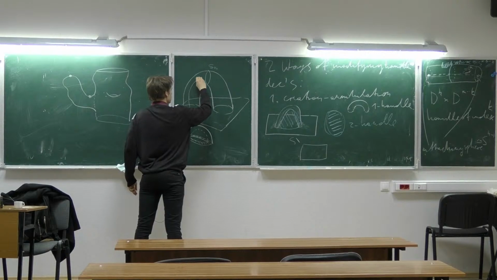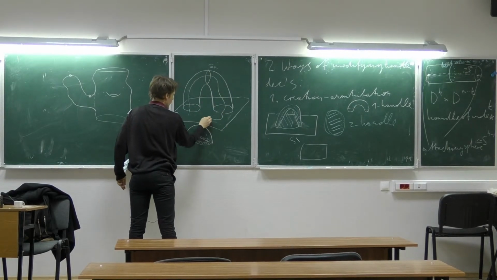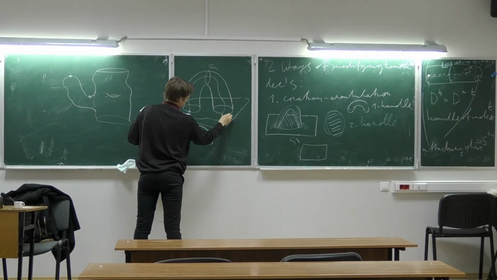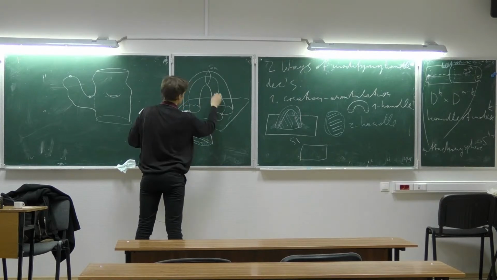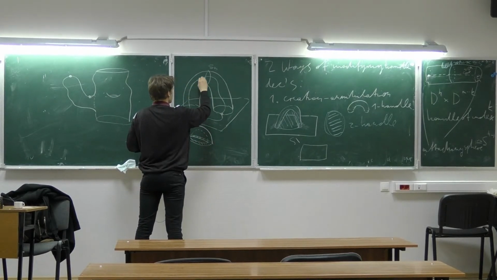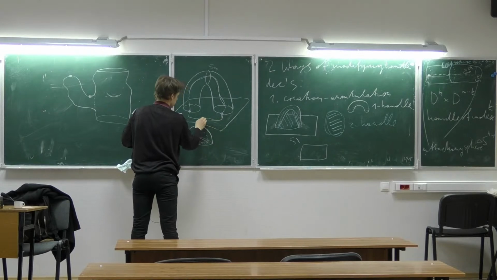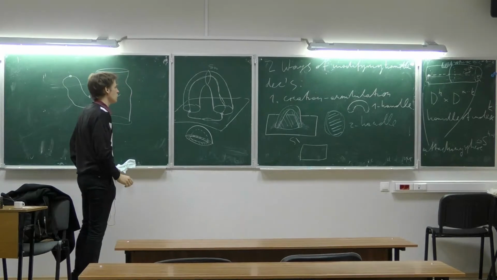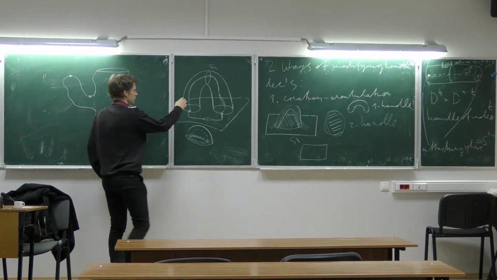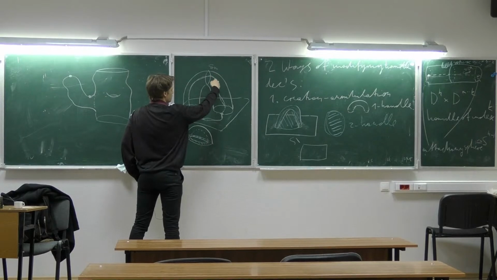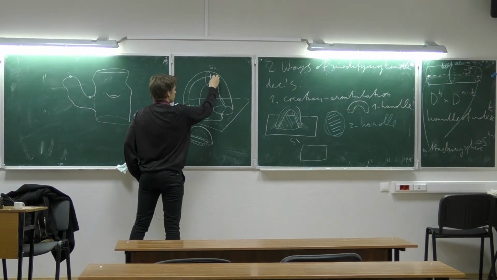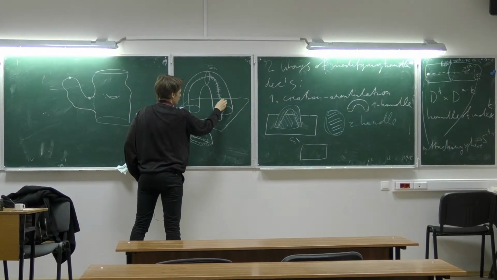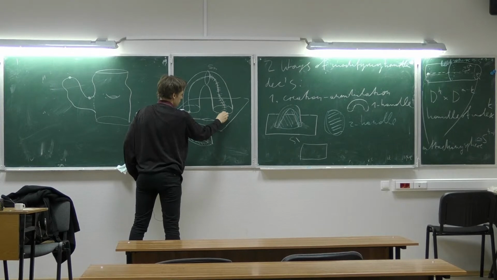So you go around just this handle, and you are attaching it by taking the small neighborhood of this sphere and attaching this upper cap. So if you have this belt sphere and this attachment sphere, you can look at the corresponding neighborhood of this sphere.